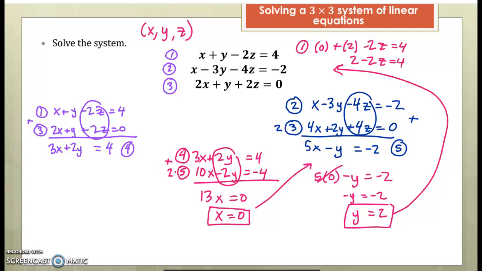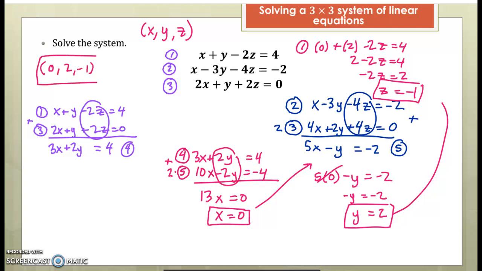Subtract 2 on both sides. I'm going to go ahead and erase this to give me some more space. I get negative 2z equals 2, divide by negative 2, and I get z equals negative 1. So even though I have x, y, z here, I want to write it as a point because that's my solution, which is going to be at 0, 2, and negative 1.